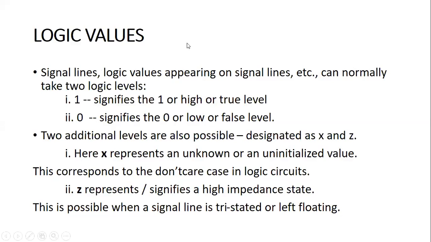We'll be checking this uninitialized value when we encounter it, and I'll tell you what an uninitialized value is. Z represents a high impedance state. High impedance state is possible when we have floating.